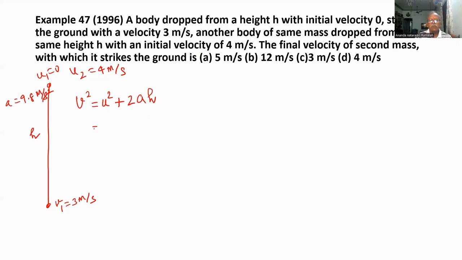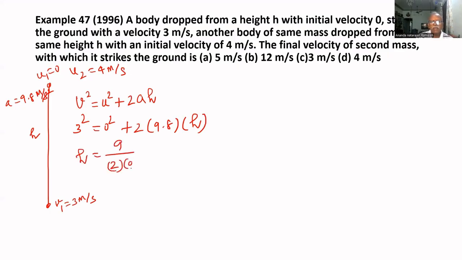Initial velocity is 0, that's why 0 square. Final velocity is 3 meter per second, plus 2, A equal to 9.8. Therefore, H equal to 3 square, 9, divided by 2 multiplied by 9.8. That is H.